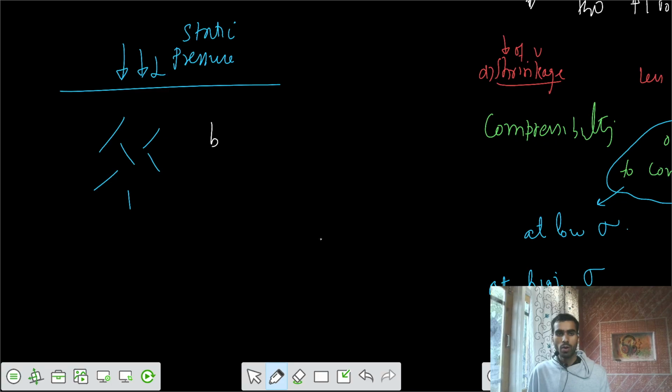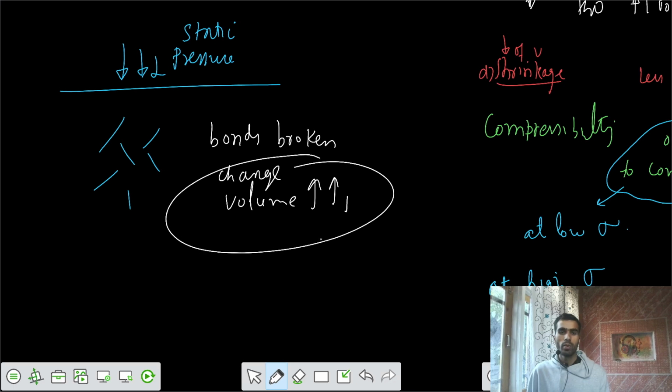So once the bonds are broken, the volume is going to change tremendously. Change in volume would be more.